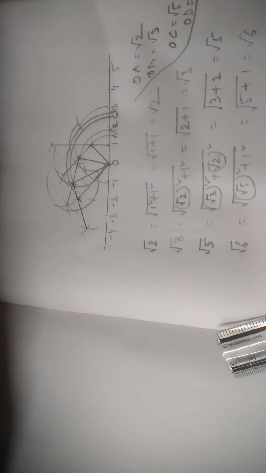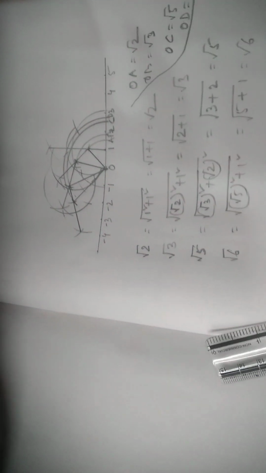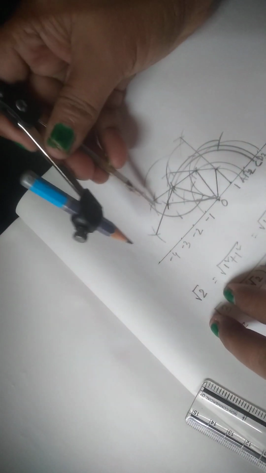Now root 7, the same process. On the root 6, you have to draw a perpendicular. On this point, you have to draw a perpendicular.